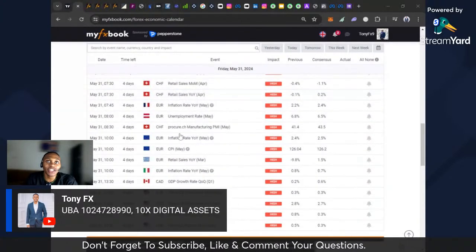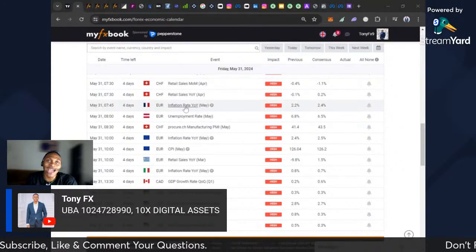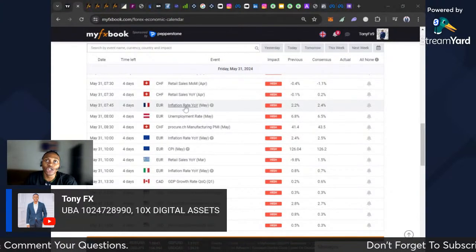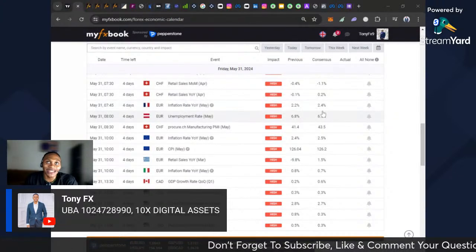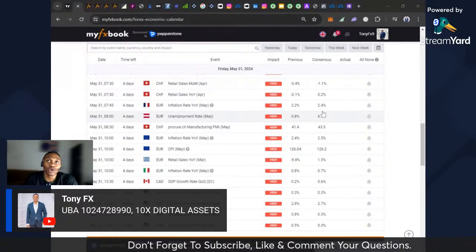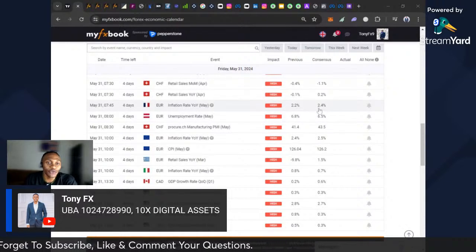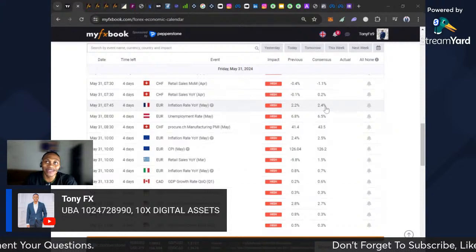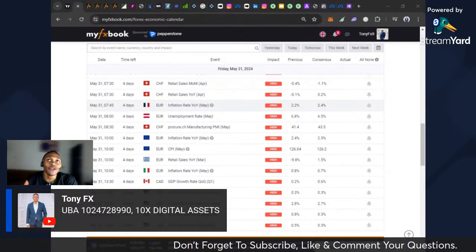Then we see inflation rates year over year, one of the most respected news. I respect this news very well. Inflation rate, CPI, which has to do with consumer price index, the prices of you buying products and services. If you see a figure higher than 2.4%, it's going to give Euro strength on Friday. But if you see a figure lower than 2.4%, then it's going to give Euro a little weakness on Friday as well.